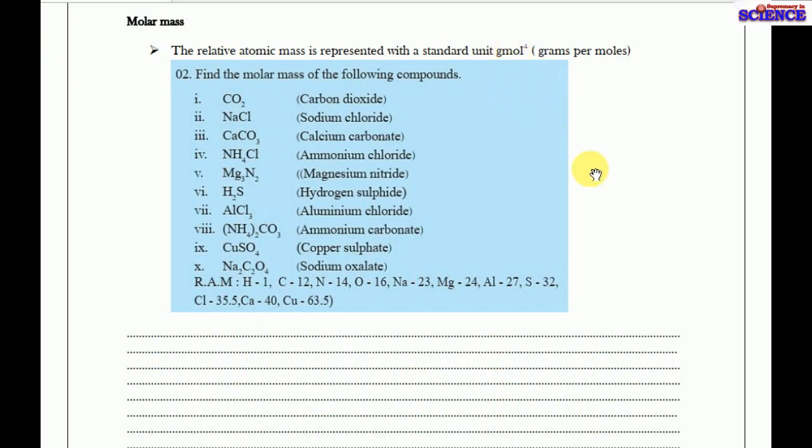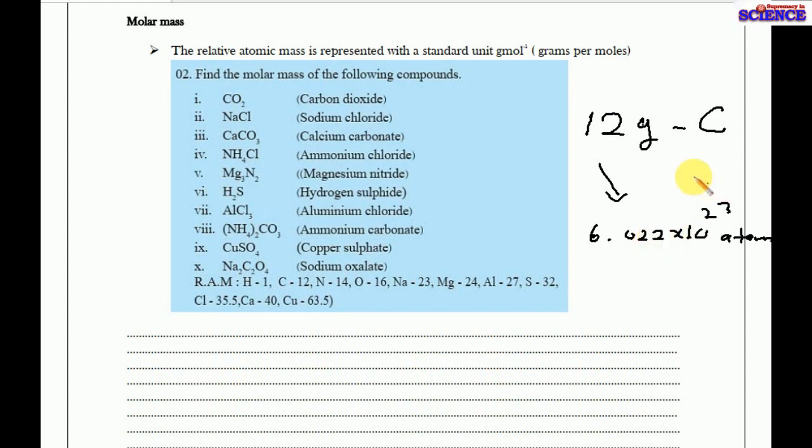Because you know that, for example, you have 12 grams of carbon. In those 12 grams, Avogadro told us there are 6.022 times 10 to the power 23 atoms. This number can be atoms, molecules or ions. And he told us another thing. This set is called a 1 mole set. That means if you have 24 grams of carbon, you have twice this value and you have 2 moles.